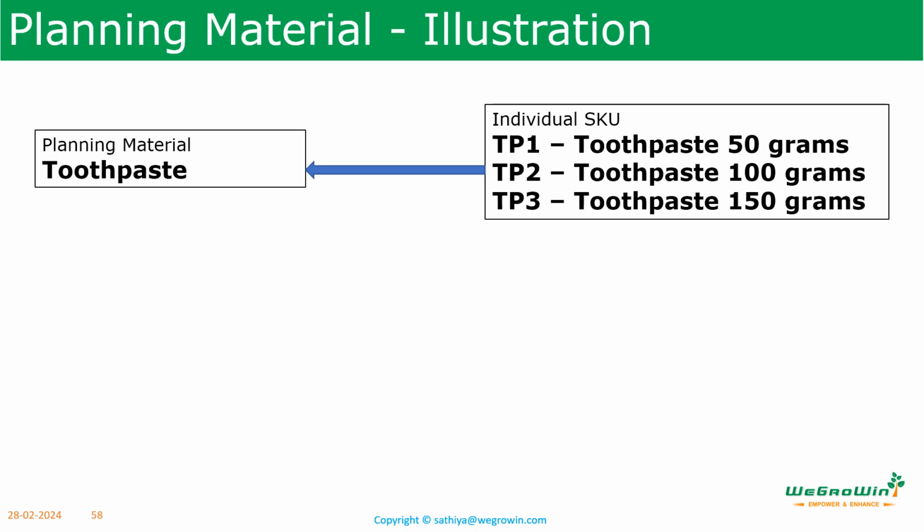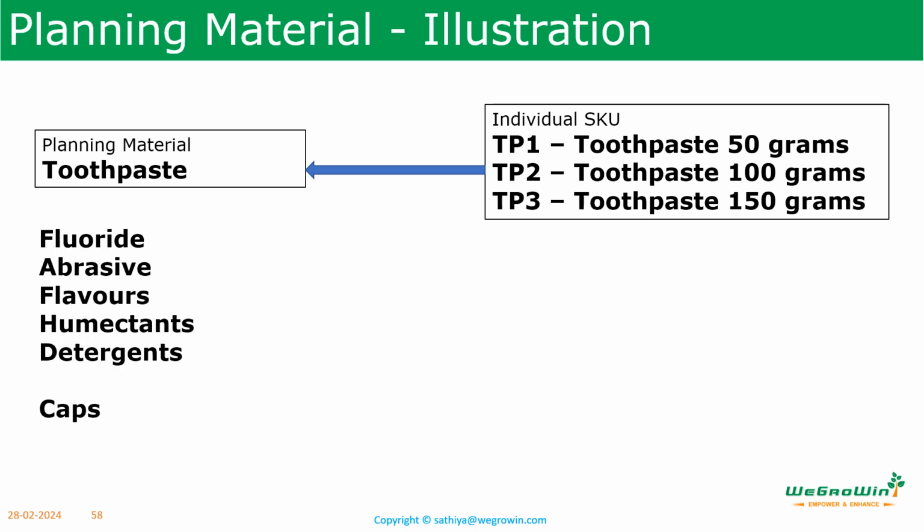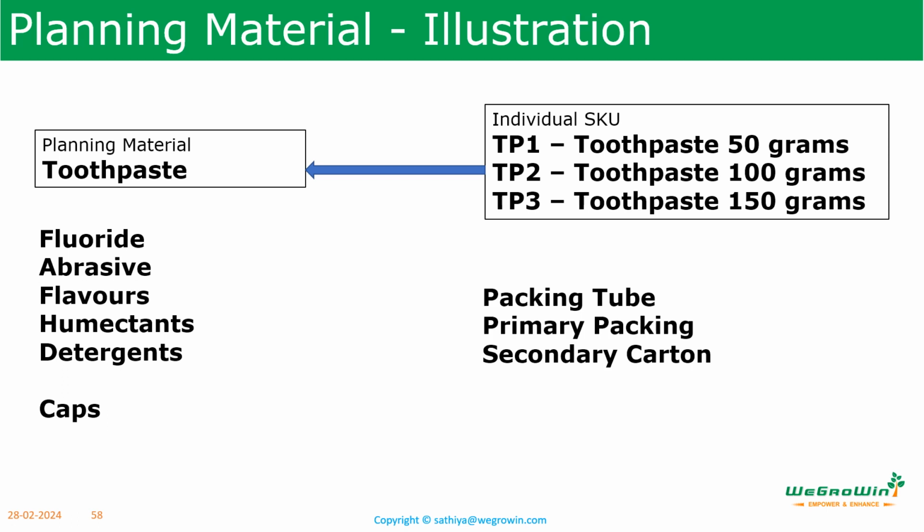Now for the toothpaste, we will be creating the planning bill of material, where it will have all these raw materials like fluorides, abrasives, flavors, humectants, detergents, caps, like this. At the same time, we'll have a production BOM for TP1, TP2, TP3, where it will have its packing tube, primary packing and secondary cartons. So using the planning material, and through the planning BOM, which will be discussed in session 22, we'll plan all the raw materials in advance and keep them there.